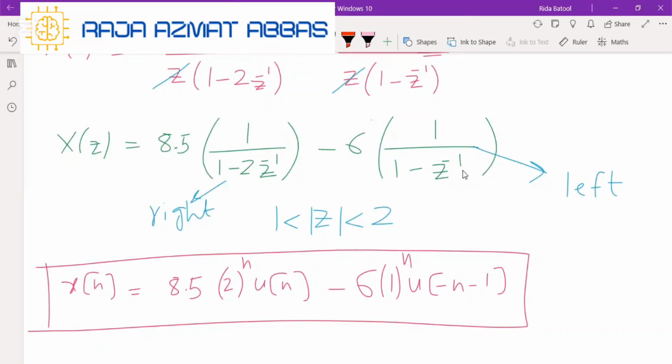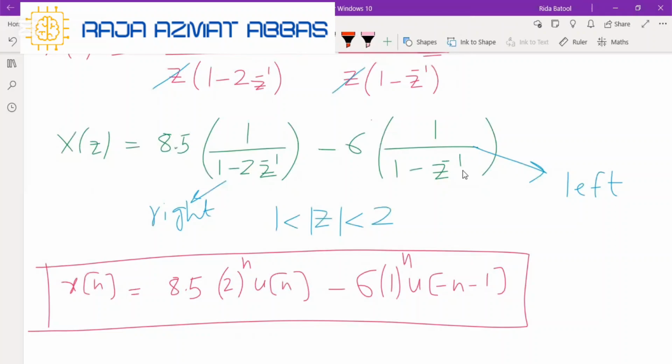One more thing. What if it is not given? Then we have to write all possibilities: right-sided, left-sided, and both-sided.